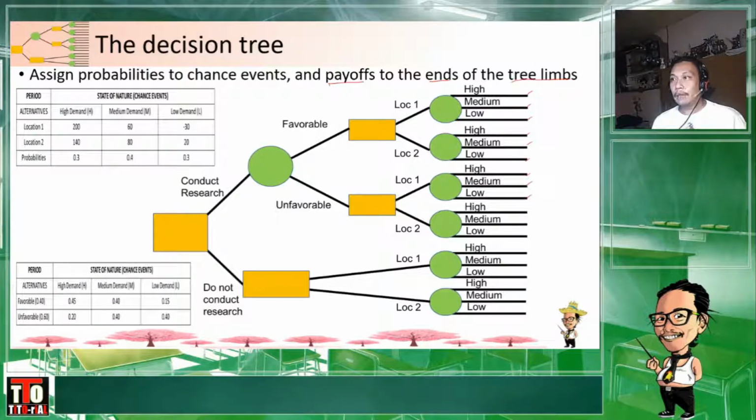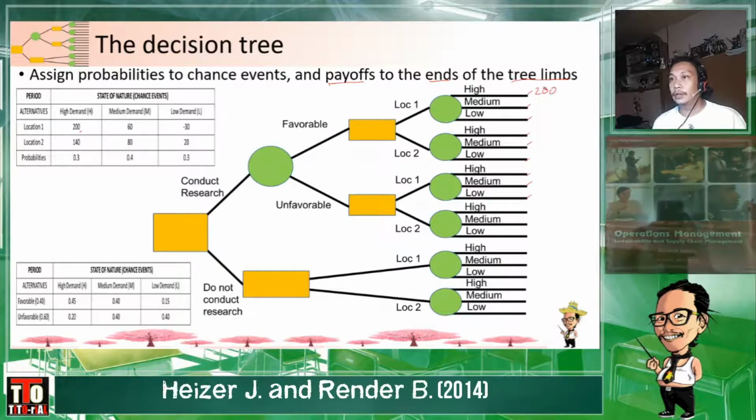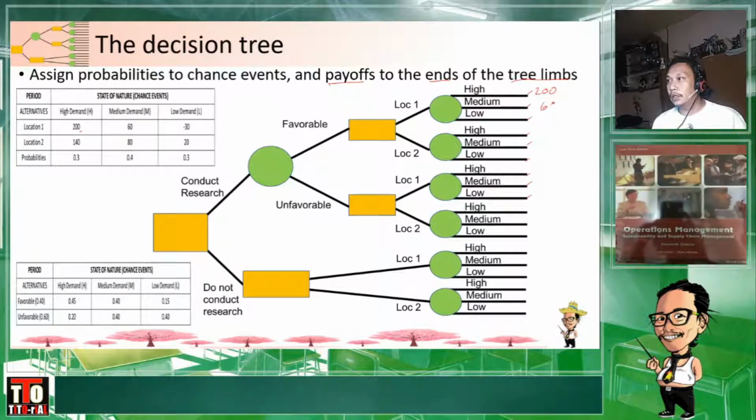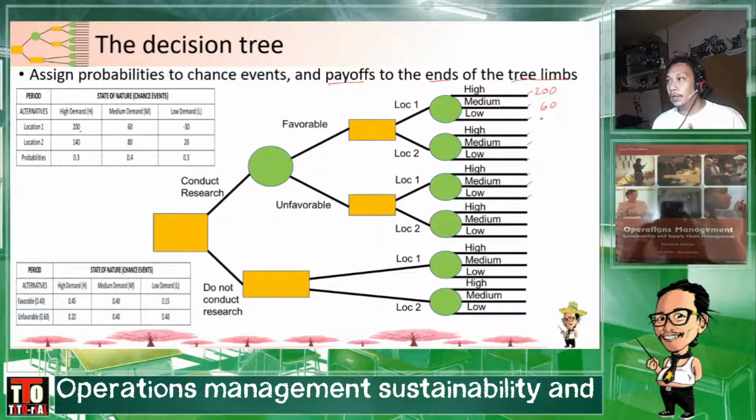Okay. So, for example, for location 1, when demand is high, there is 200,000 demand. So, we put 200. If medium, we have 60. And if low, we have 30.